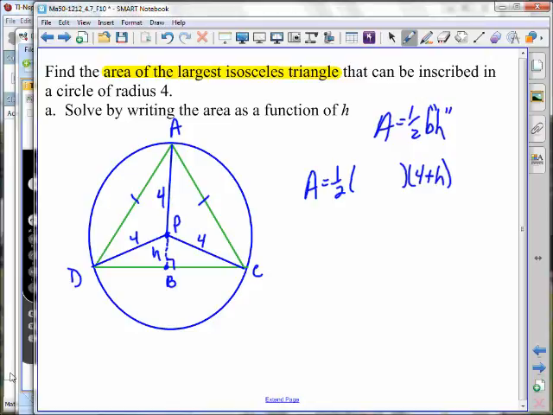How can we go about finding that? Yeah, Casey? Square root of 16 minus h squared. Whoa, how did you do that? Square root of 16 minus h squared. Okay? How did you do that?